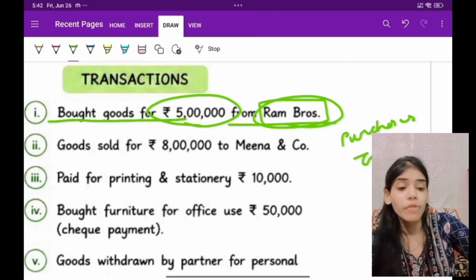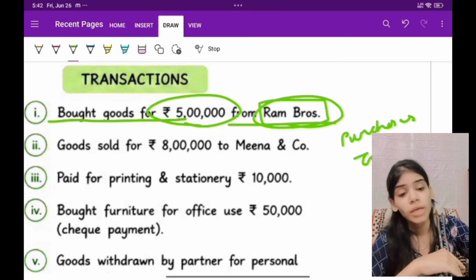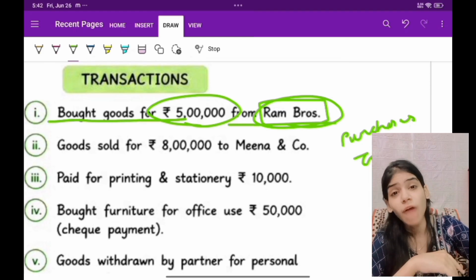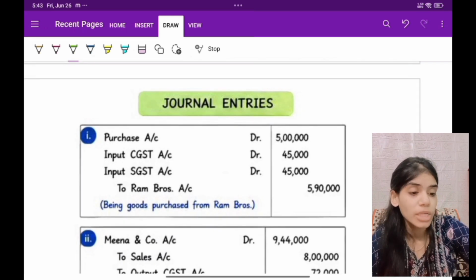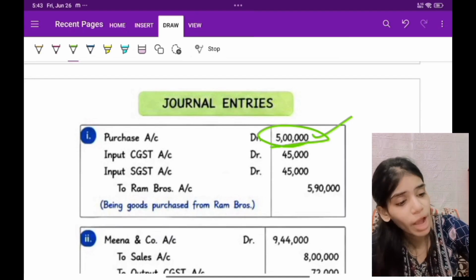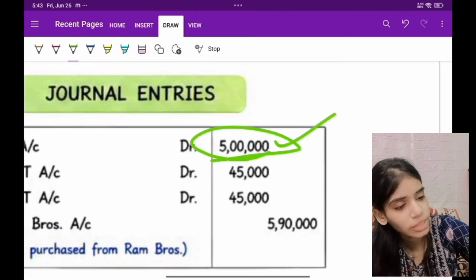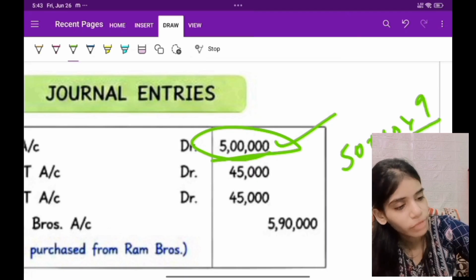But remember, here we are passing journal entries for GST. So whenever we purchase goods, we have to pay GST. Here the journal entry will be, first of all, purchases account debit of 5 lakh because we have done purchases of 5 lakh. Now on 5 lakh, if we take out 9%, it will come to 45,000.